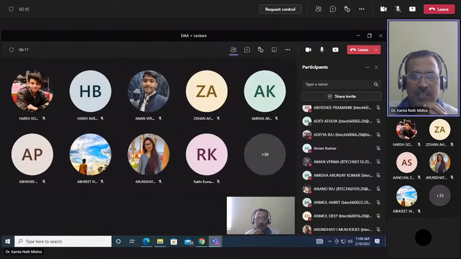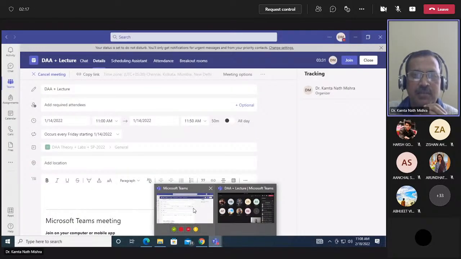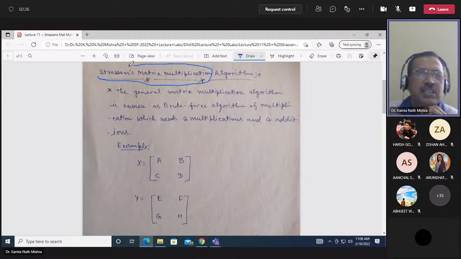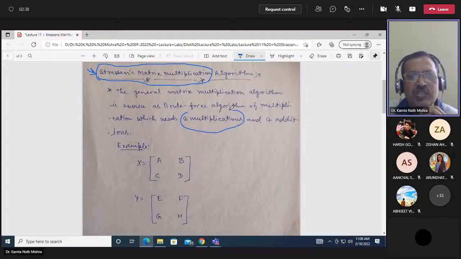So today we will discuss this Strassen's matrix multiplication algorithm. You see, the brute force matrix multiplication algorithm uses 8 multiplications.